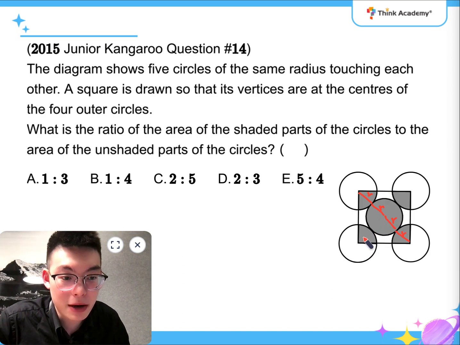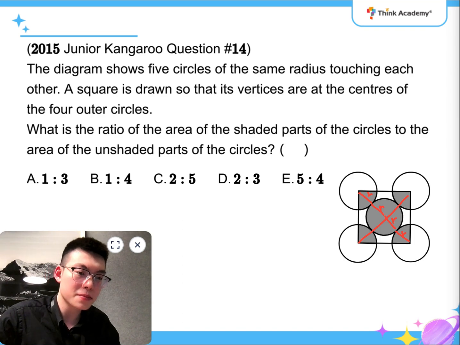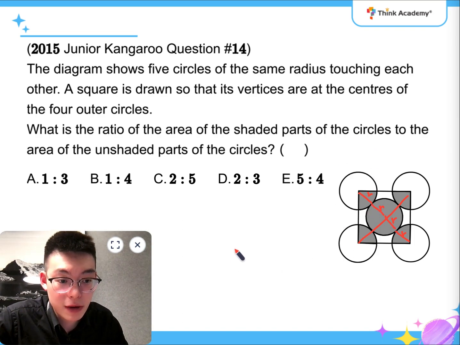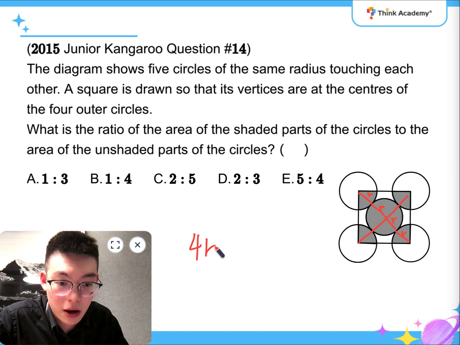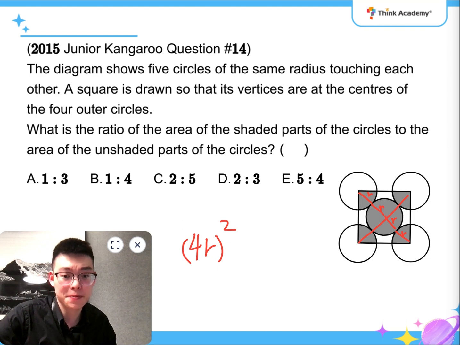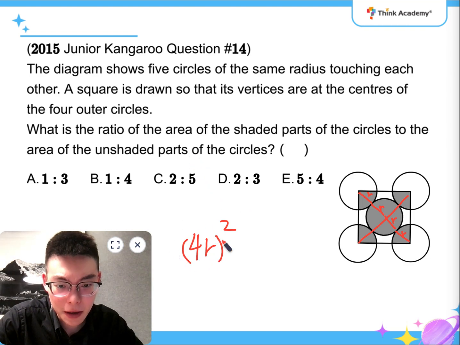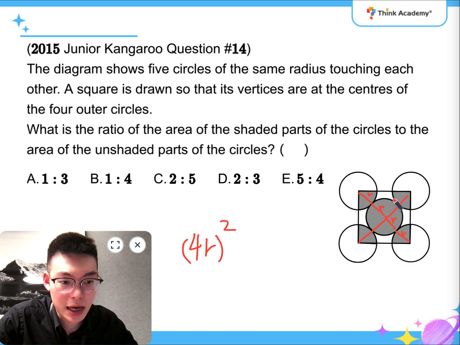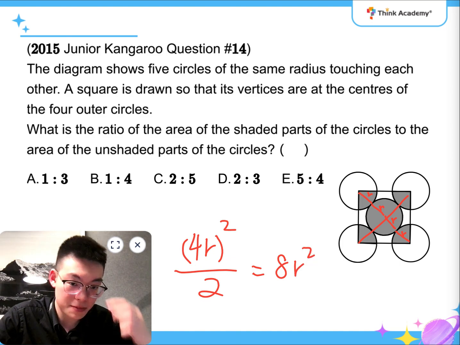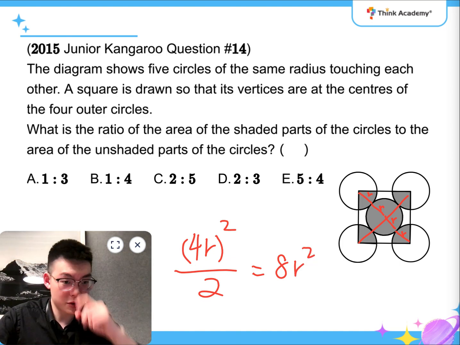So what can you say about the area of the square? The area of the square is going to be 4r in brackets squared in total. All right. So that's the area of the square divided by 2, of course, which is going to be 8r squared.